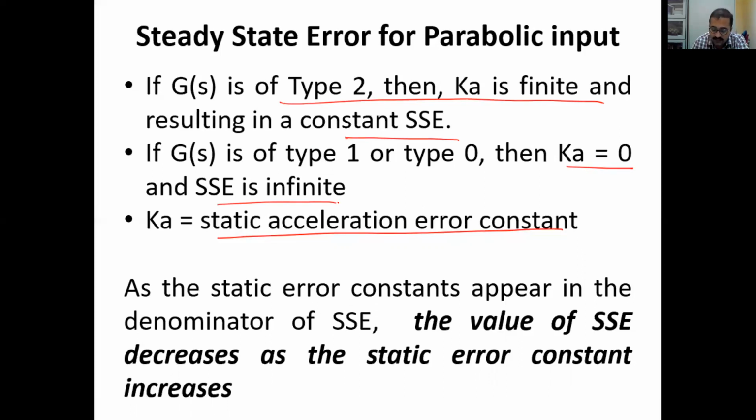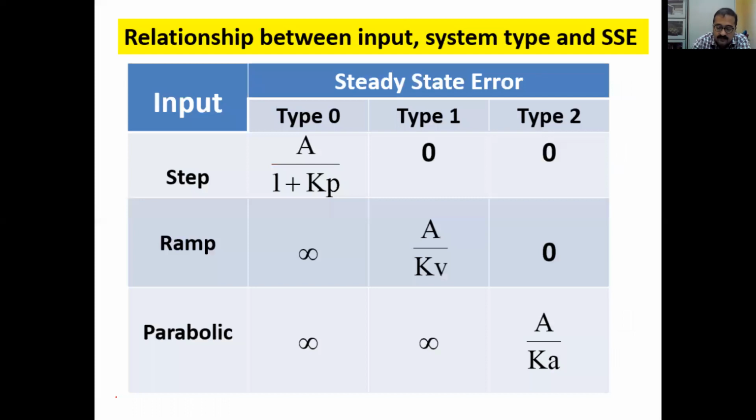So it can be observed that the value of steady state error decreases as the static error constant increases. Right? So what we have discussed so far is tabulated here. For a type 0 system, giving a step input will lead to finite steady state error. Giving a ramp input to a type 0 will lead to infinity, and giving a parabolic input will also lead to infinite steady state error for a type 0 system.